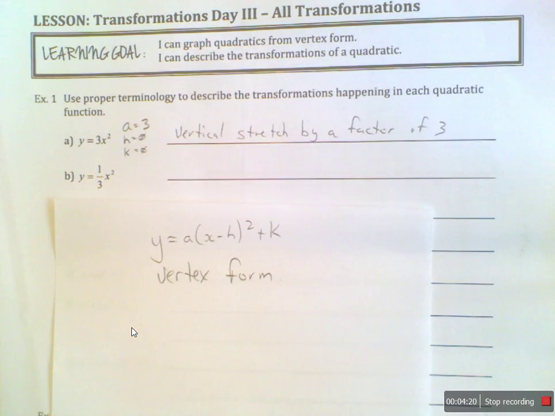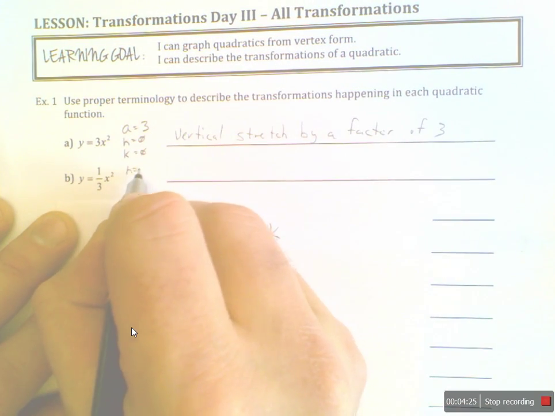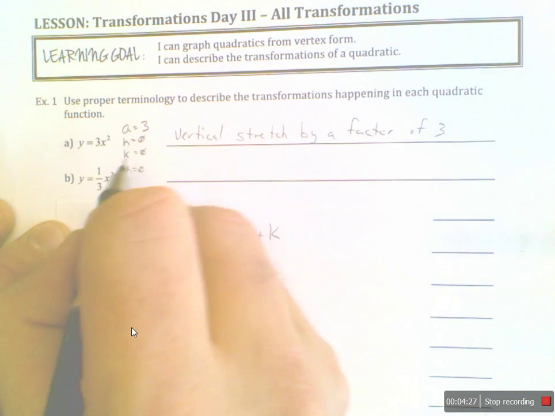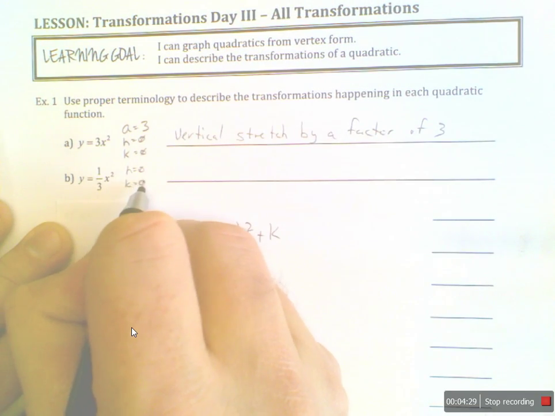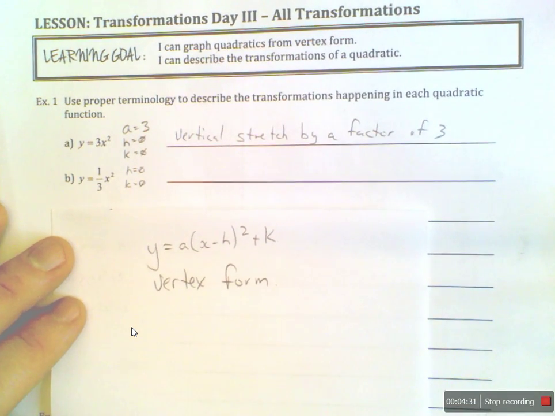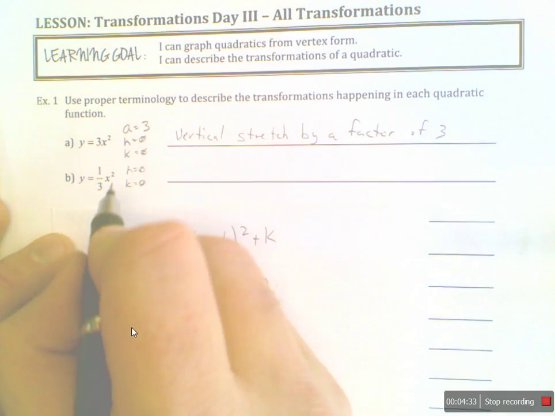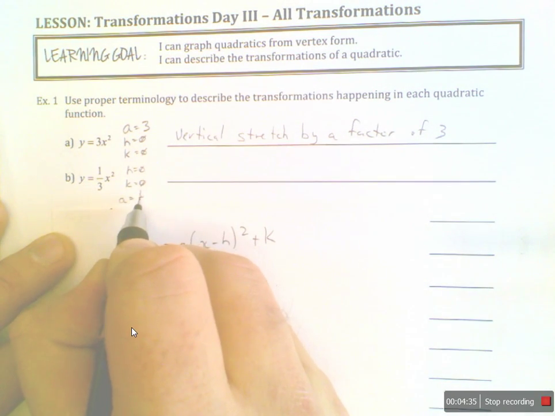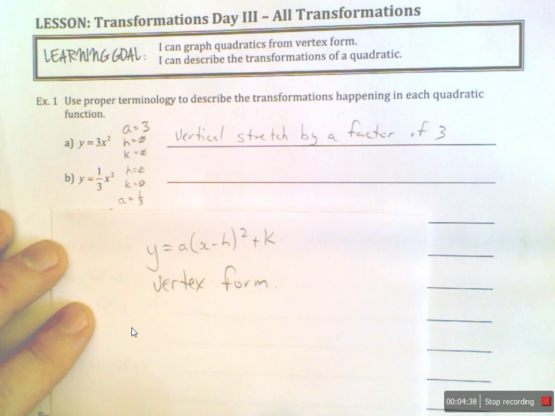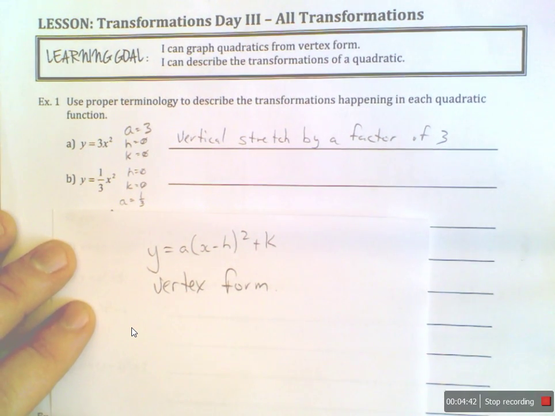Okay, next one. Again, this one has no horizontal shift, no vertical shift, but its a value is 1/3. So what does that mean? Alan? It compresses, yeah, very good.